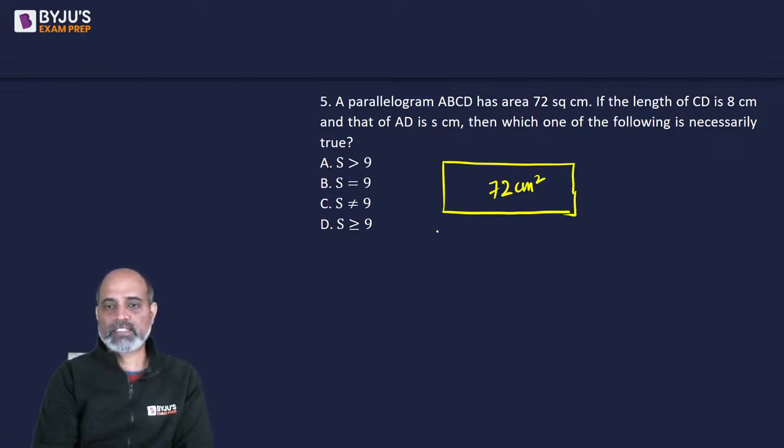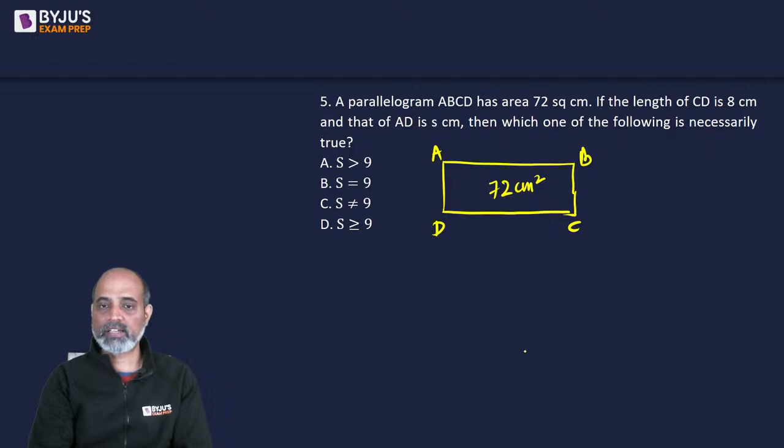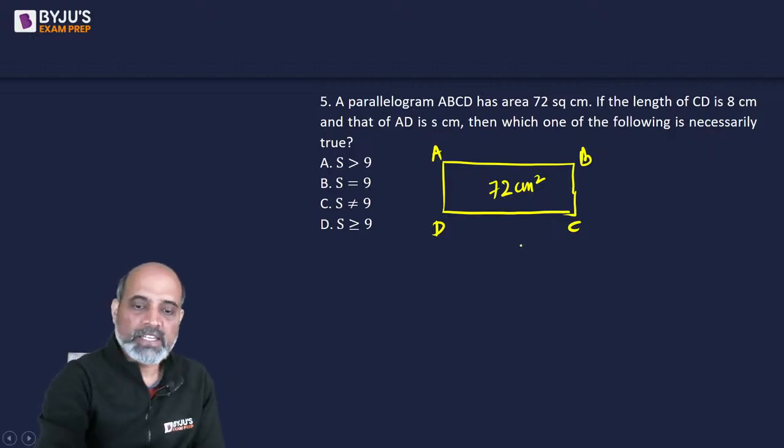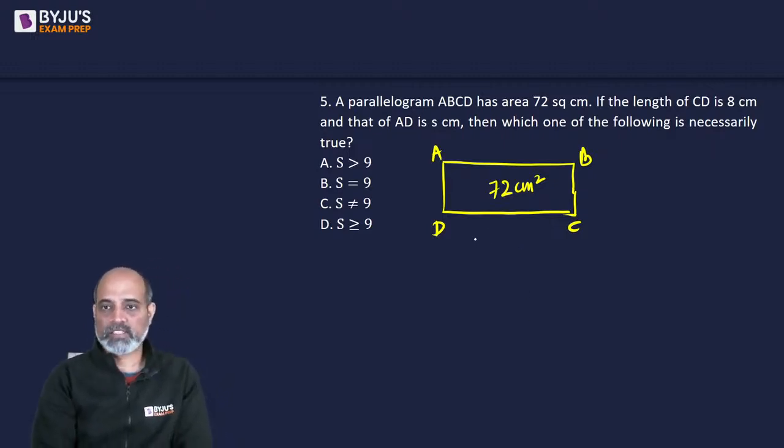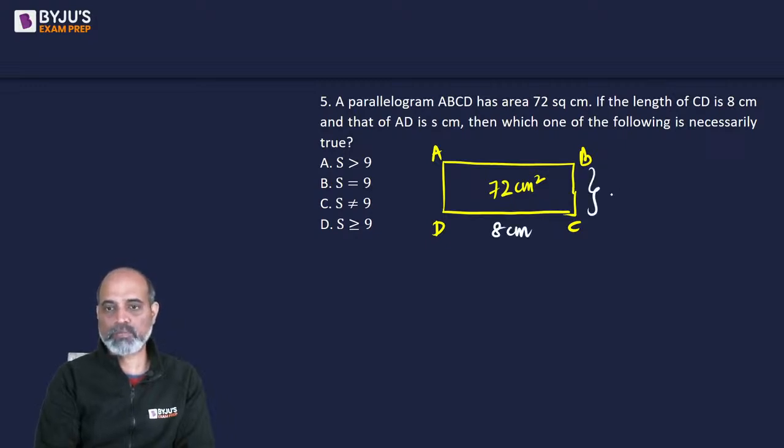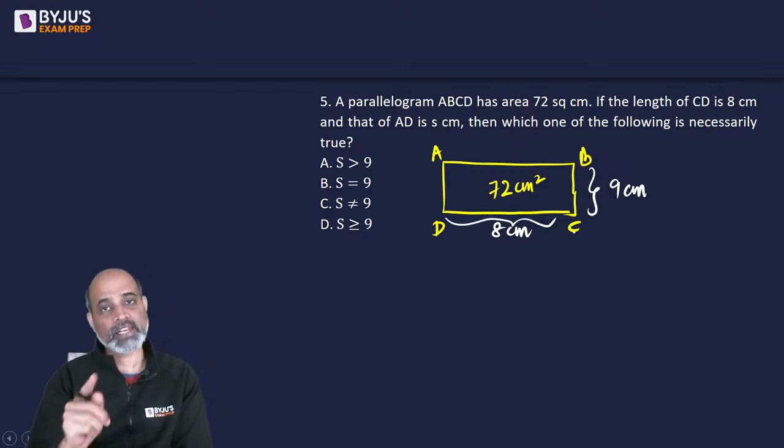If we take this as CD, so we have A, B, C, D. It is given that CD is 8 centimeter, so obviously BC is going to be 9 centimeter, then only we are going to have the area 72.